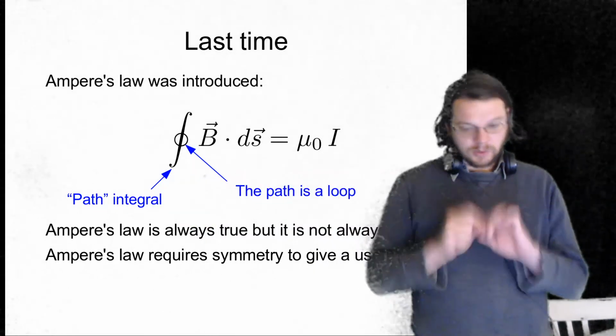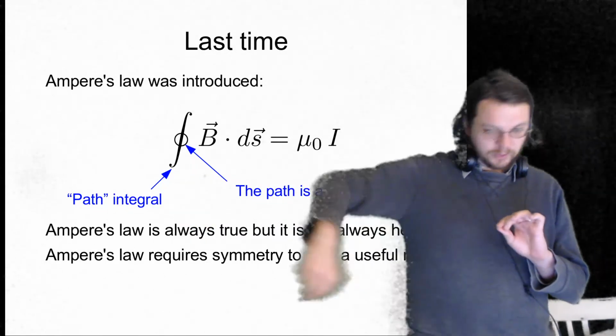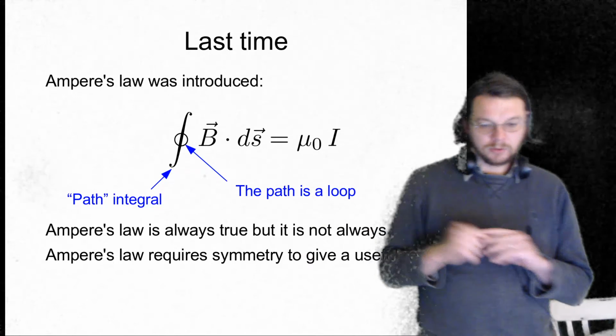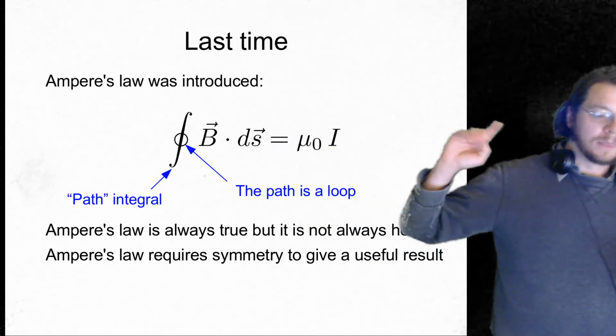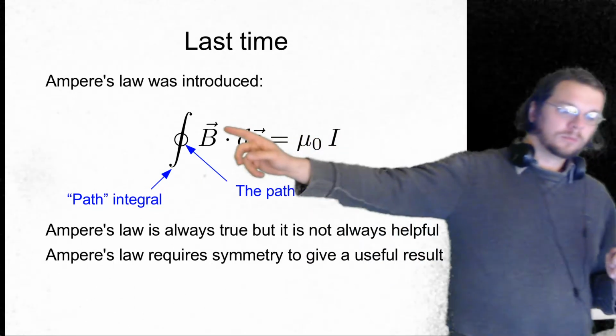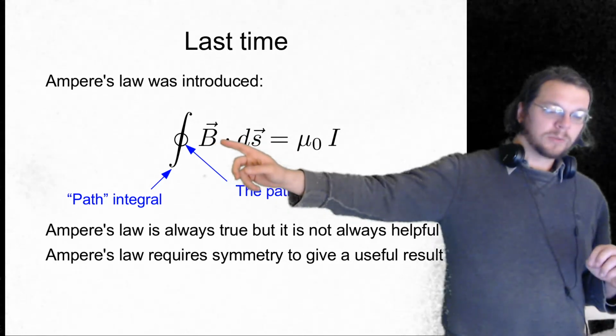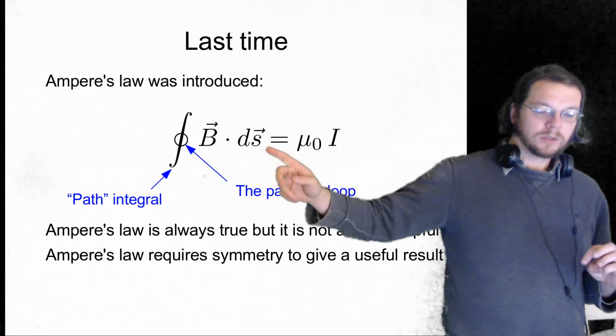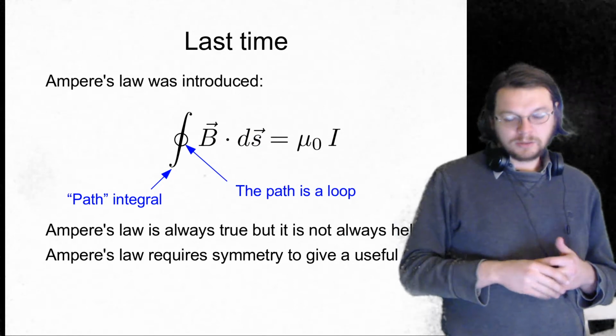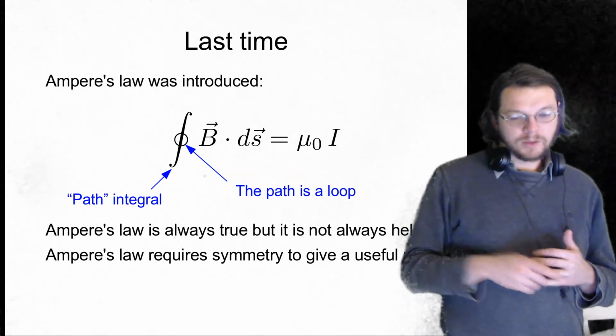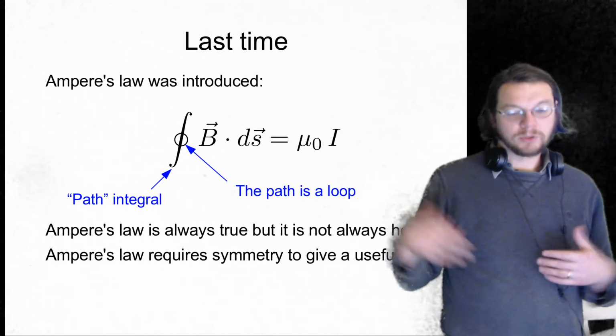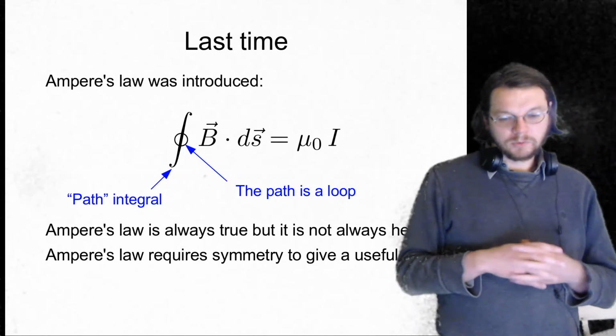It's going to start from this position, integrate around, come back to where you started is what that circle means. And you're going to be integrating over the magnetic field over ds, which is some path, so ds is some length. And then this is the current that's punching through that surface.